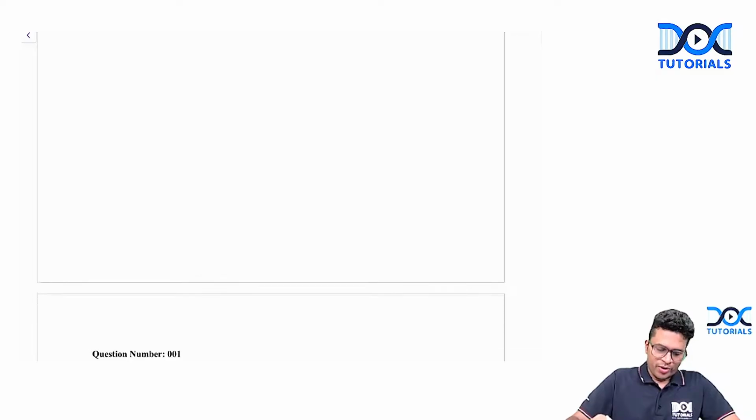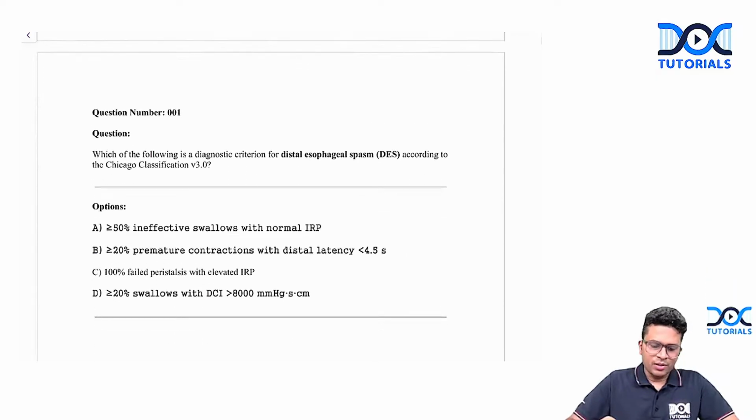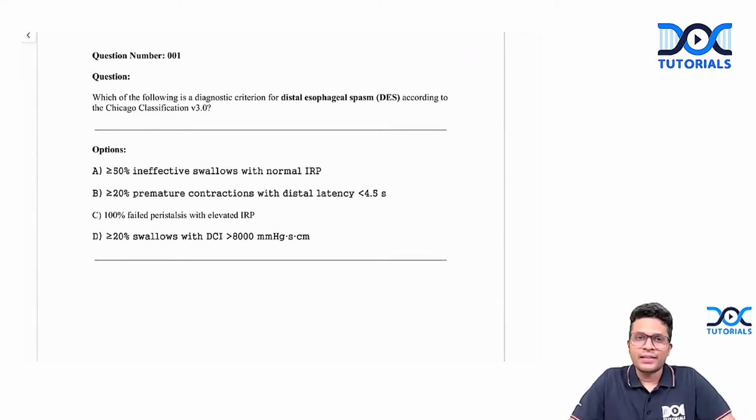So the first question that was asked was like this. Which of the following is a diagnostic criterion for distal esophageal spasm according to Chicago classification version 3?